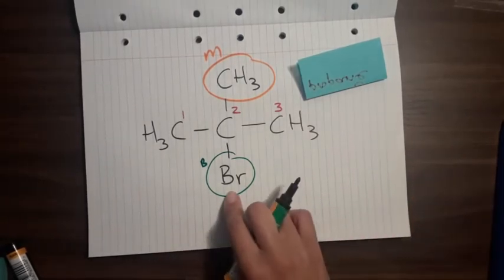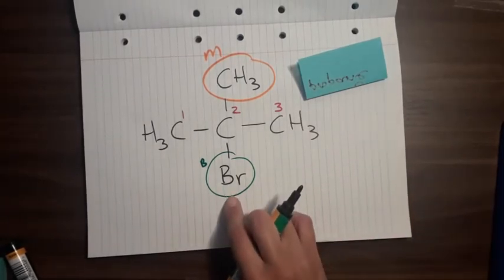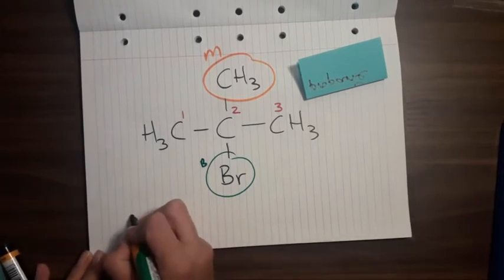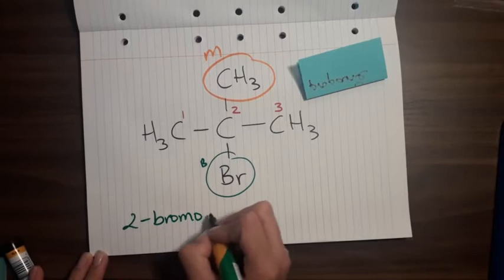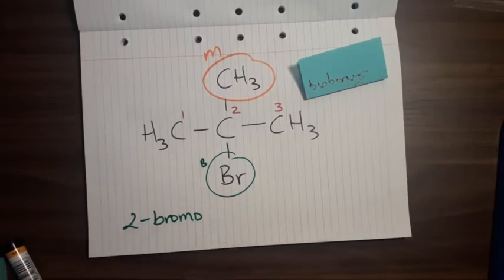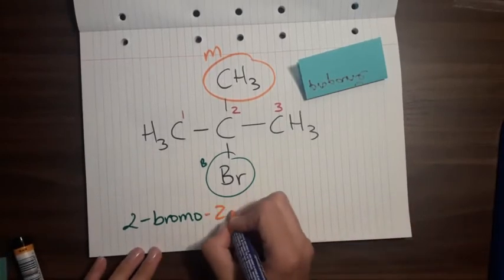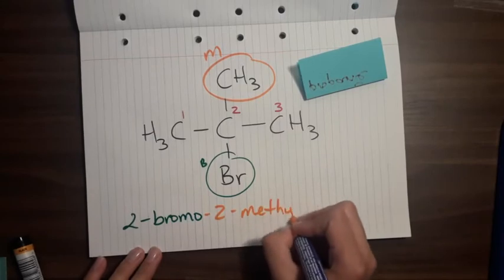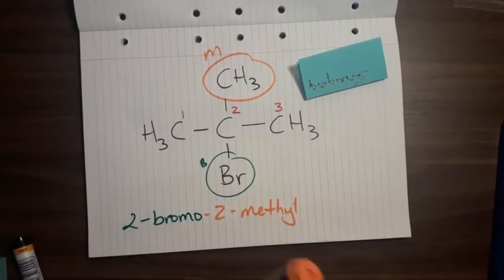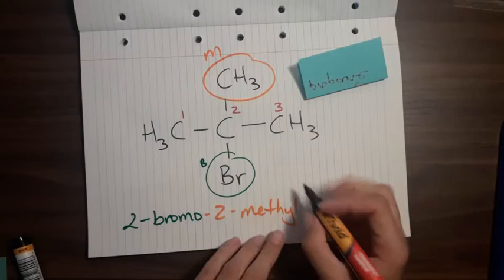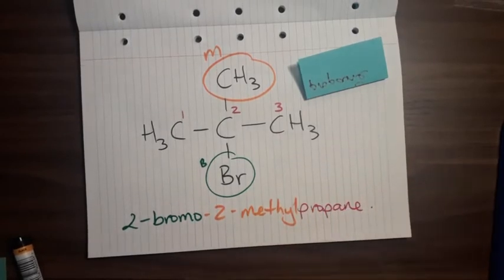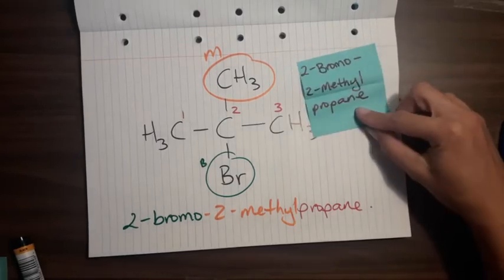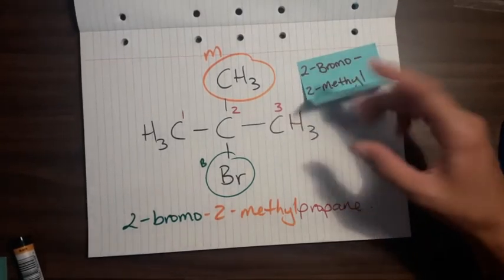So we would name this bromine side chain first. So we would say at position 2, we have a bromo, and also at position 2, we have methyl, 3 carbons in a parent chain, prop. Nice, cool.